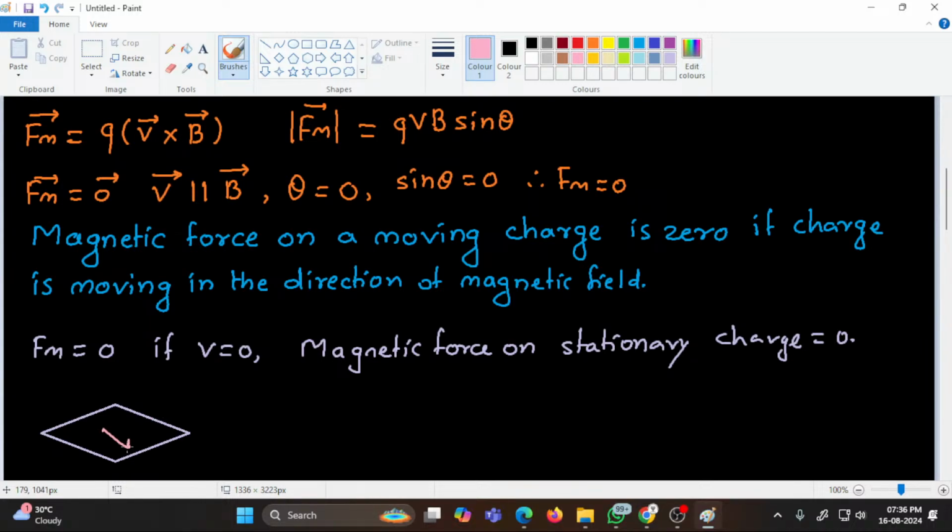So if suppose this is V bar, the velocity vector, and this is B bar, the magnetic field vector, then the direction of the vector V bar cross B bar is given by the screw rule, isn't it? So if the screw is moving from V bar to B bar, that means the screw is moving in anti-clockwise direction. If you move the screw in anti-clockwise direction, where will it move? Upward or downward?